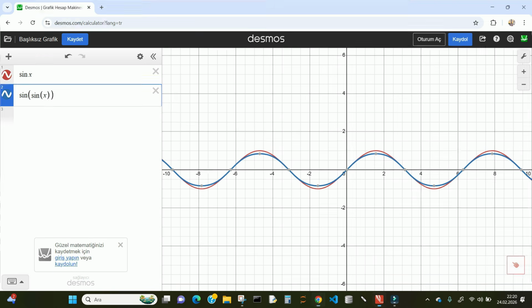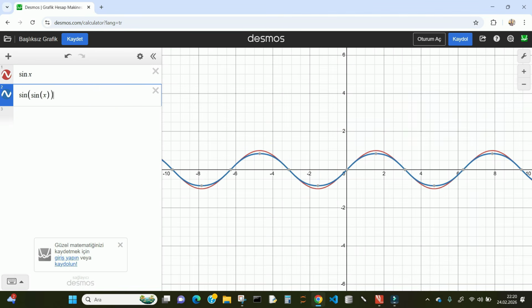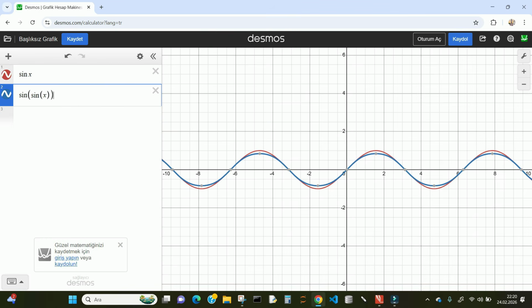Here is 0, pi and 2 pi, and the blue one, S_2, is going to be a bit below the red one. So I will draw it like this. Both of them have the same x-intercepts, and the y-intercept is 0 in this case.